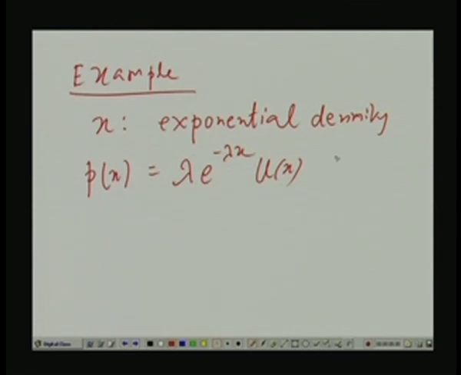Now, for such a function, what is phi underscore s? Very simply, we take the integral from 0 to infinity only, because the unit step function is present. Lambda goes outside, e to the power minus lambda x, so p x times e to the power s x.